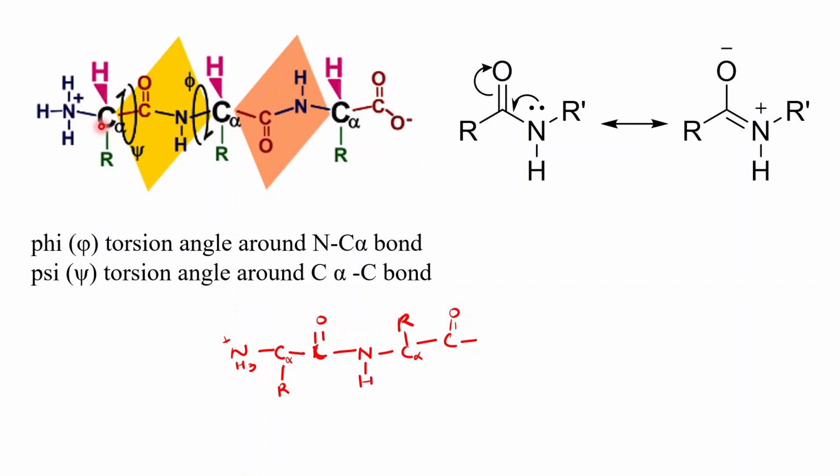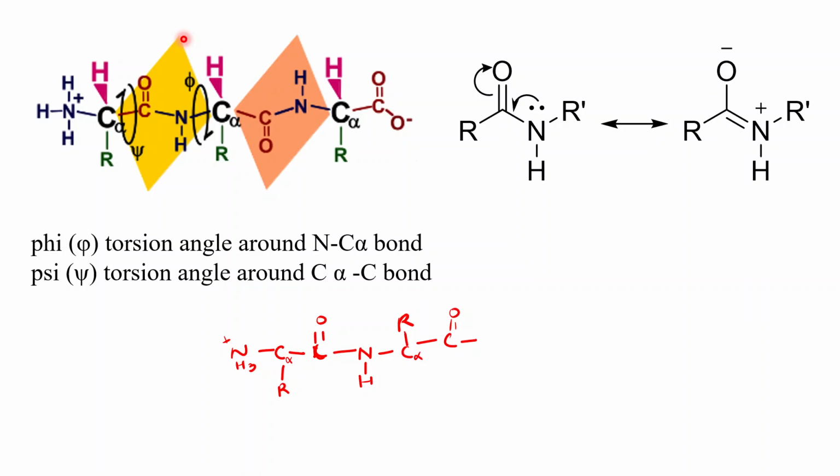The C alpha of the first amino acid is bonded to the carboxylic group, and that carboxylic group is bonded to the amino group of the next amino acid, and this peptide bond is planar in nature. So this is one plane, the plane shown in yellow.